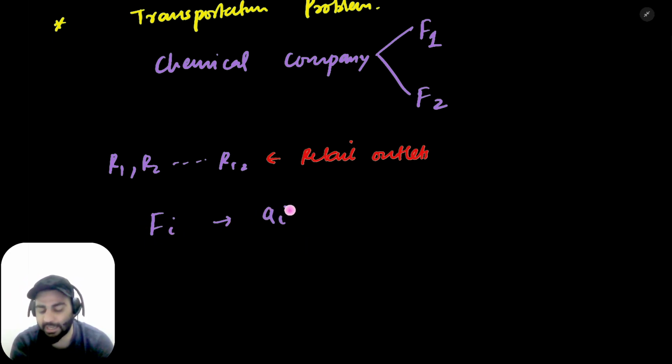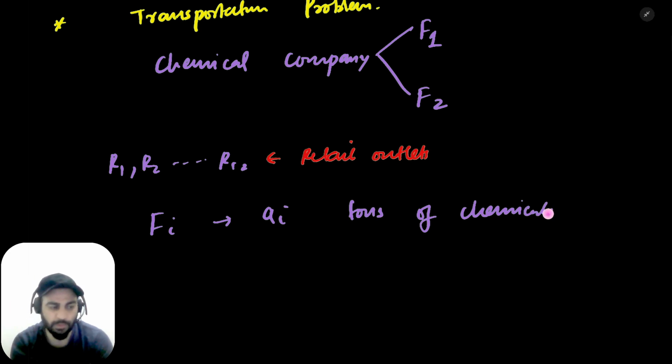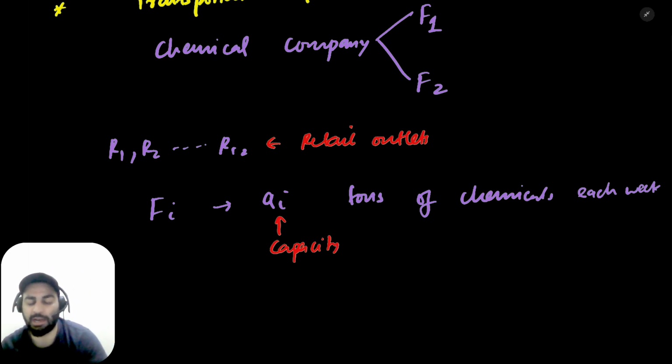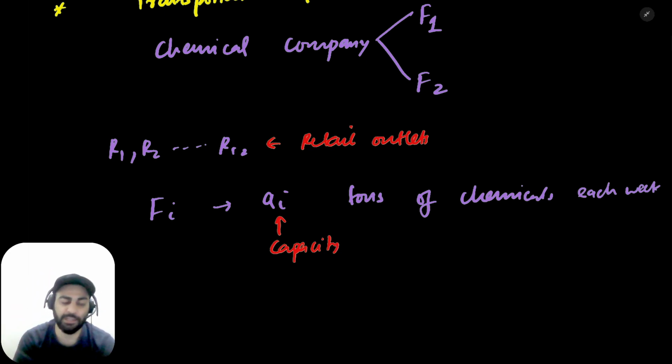So the ith factory can produce ai tons of chemicals each week. We'll call this ai the capacity. So factory i can produce ai tons of a chemical each week. I'll say this is the capacity of factory i for this ith chemical.